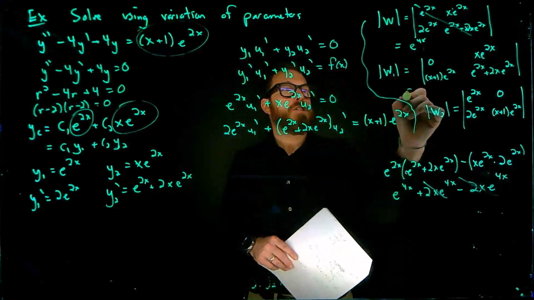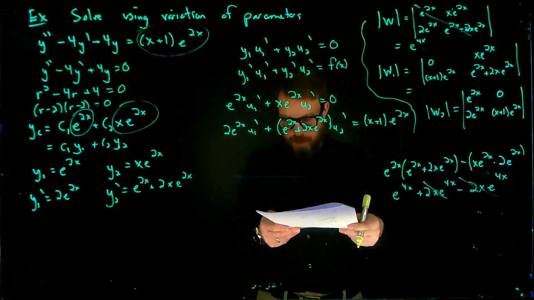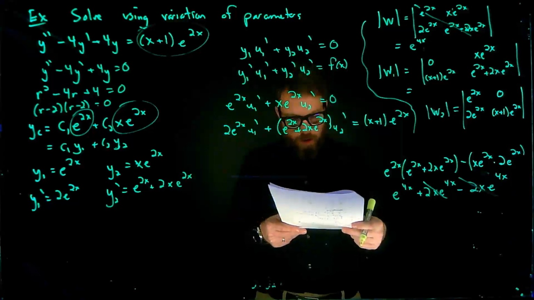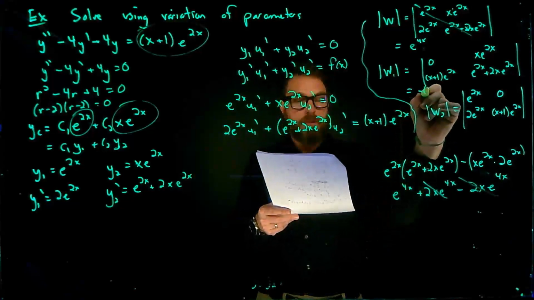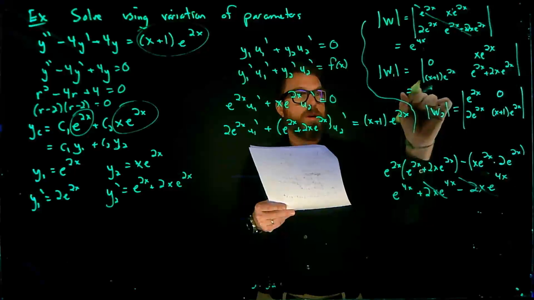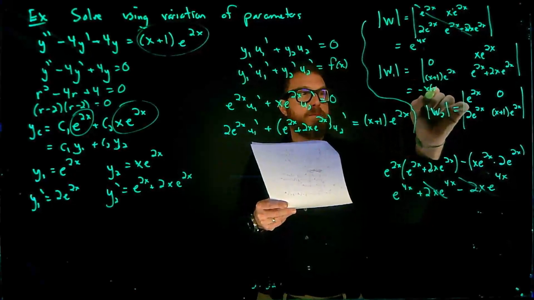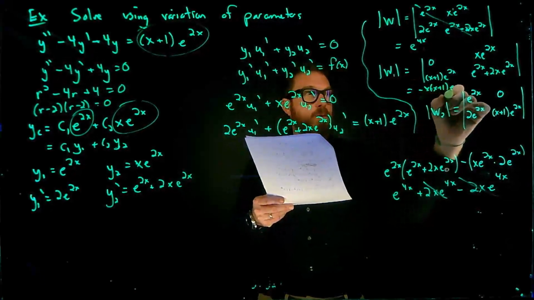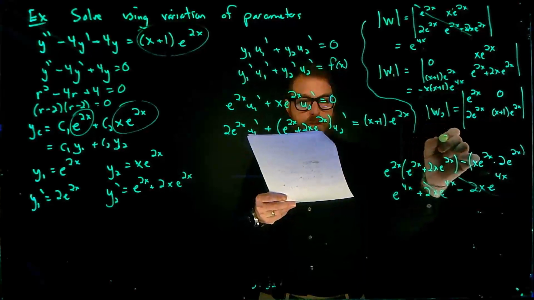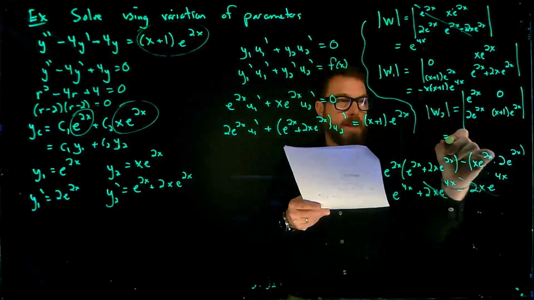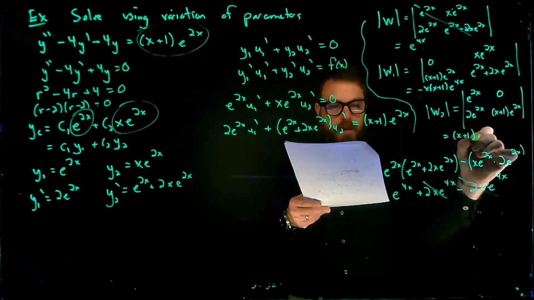Now, similar things can be done with this one. This w1 is going to be equal to negative x times x plus 1, e to the 4x, and then down here this one is going to be equal to x plus 1 e to the 4x.